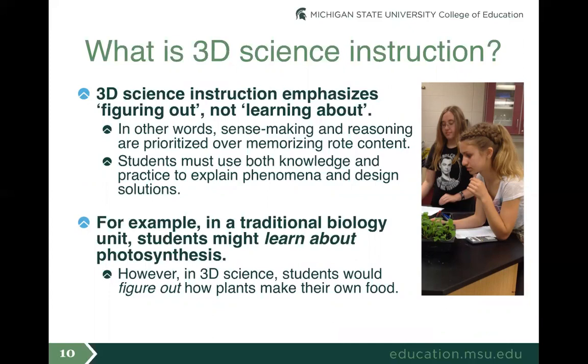They would memorize terms, look up structures in the cell, and see how those things work in terms of a process of photosynthesis. However, in three-dimensional science, we would have students figure out how plants make their own food. We would engage students in investigation, have them collect evidence, argue about potential explanatory models, and eventually collaboratively develop explanations of how plants make their own food through photosynthesis.